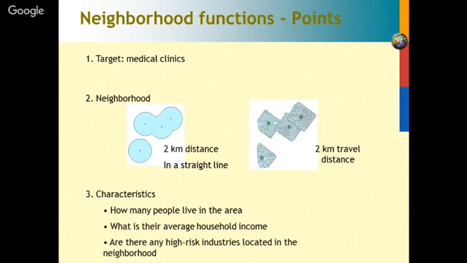Apart from distances, there can be other criteria which can be linked in, like we want to find out how many people are living in a particular area around a point, or what exactly is the actual average household income. That can also give an idea of the expected income of those shops and the corresponding investment people need to make, and so on.